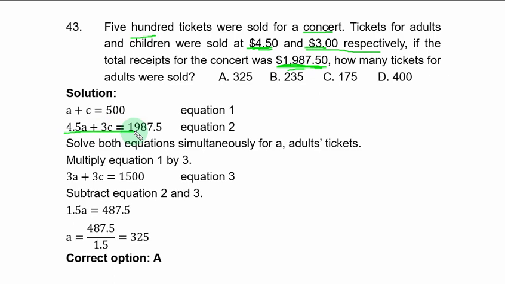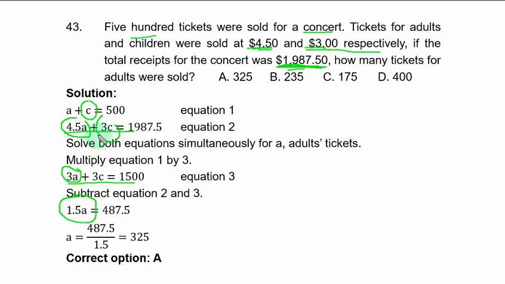Now you are asked to find the number of tickets for adults, so you just have to eliminate C and get A. In both equations, you need to have 3C so that when you subtract, it takes out C. So you multiply through equation 1 by 3 and you have it in this form. To eliminate C, you subtract equation 3 from equation 2. So you have 4.5A minus 3A, you have 1.5A.